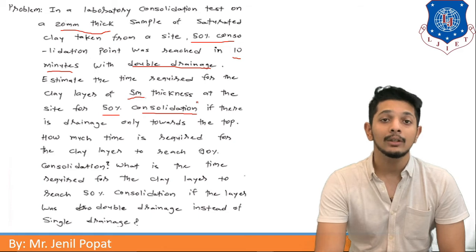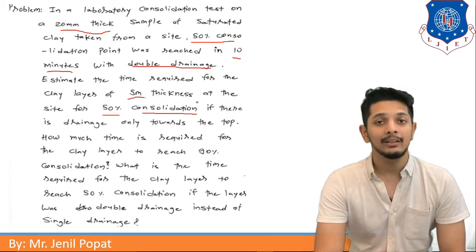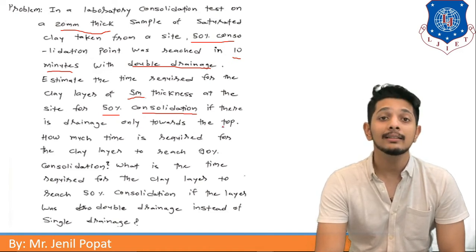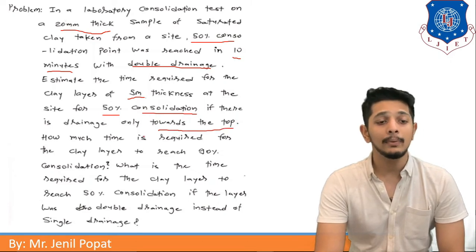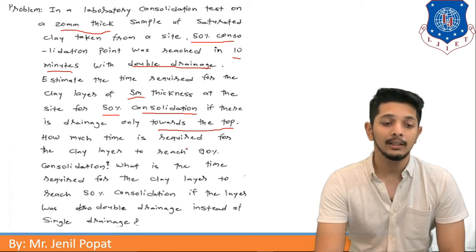So we have to find out at site when it will occur. If there is drainage only towards the top, so drainage is single drainage because it is given as only towards the top. How much time is required for the clay layer to reach 90% consolidation?